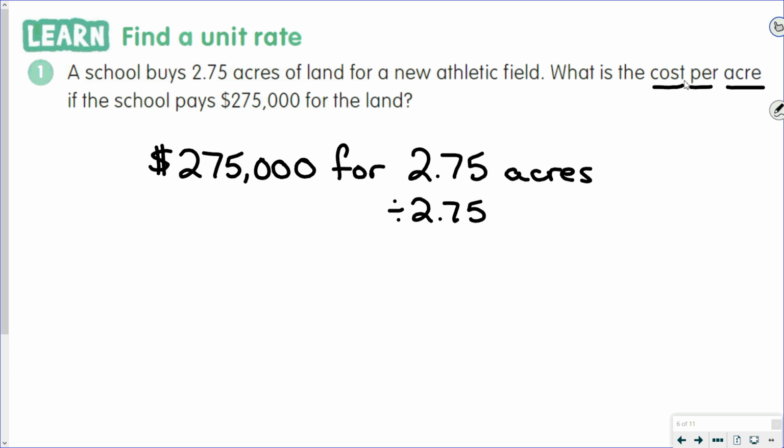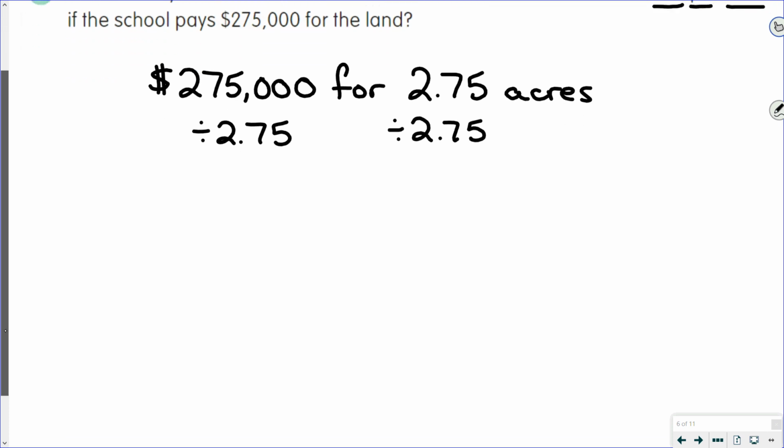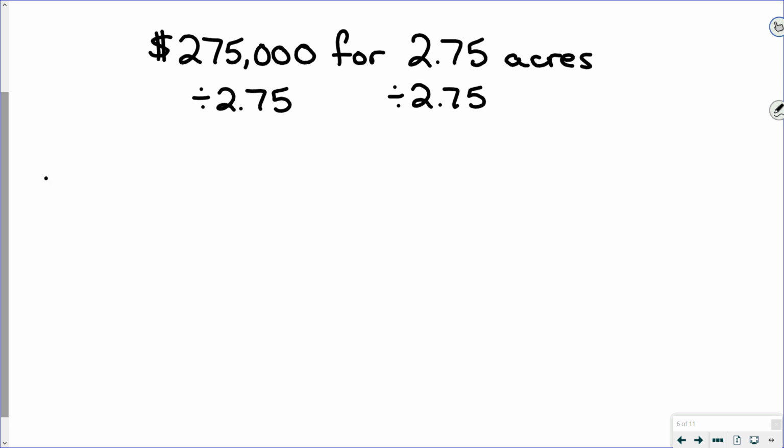So if I'm taking $275,000, I also have to divide that by 2.75. Well, once again, we're dividing by a decimal, and we have worked with decimals before. Okay, but again, if needed, we can do that work off to the side. So the 2.75 is my divisor. 275,000 is my dividend.